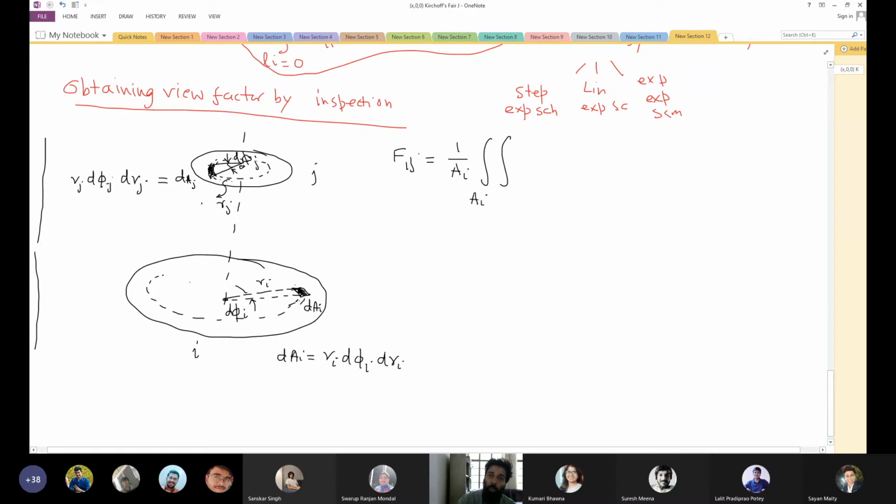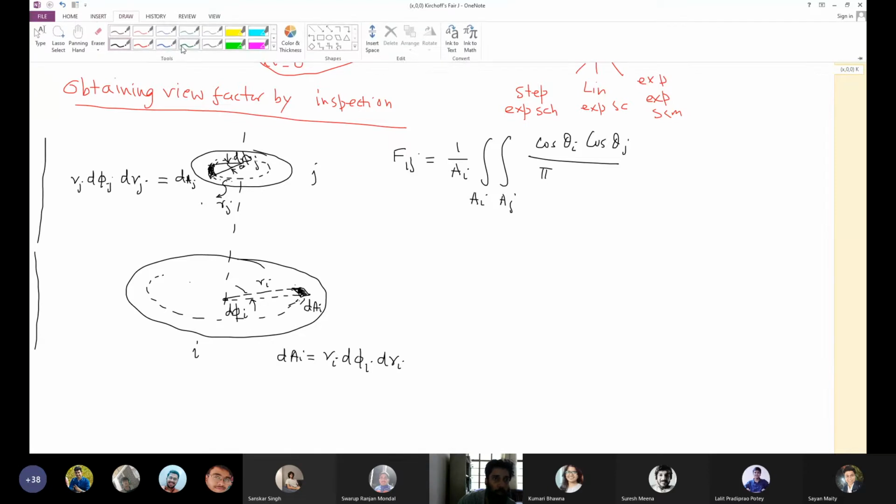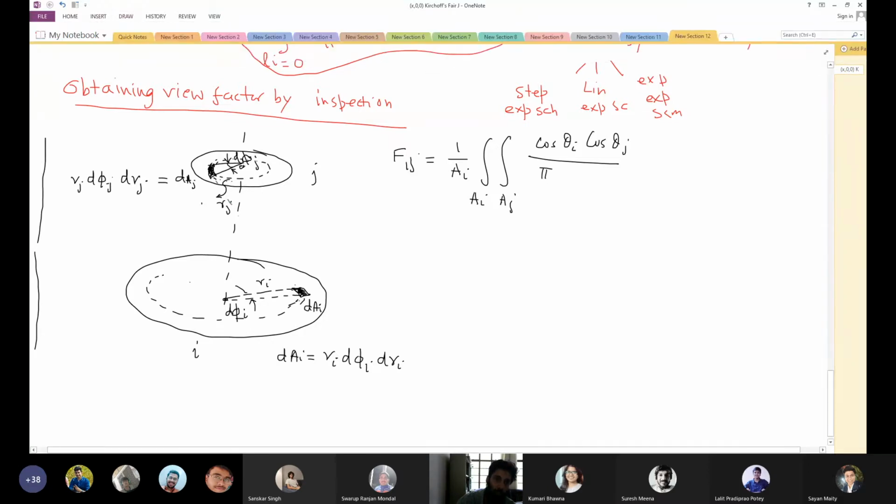So F_ij equals 1 by Ai, integration over Ai over Aj, cos theta i cos theta j over pi dij squared dAi dAj, where this distance we call dij.